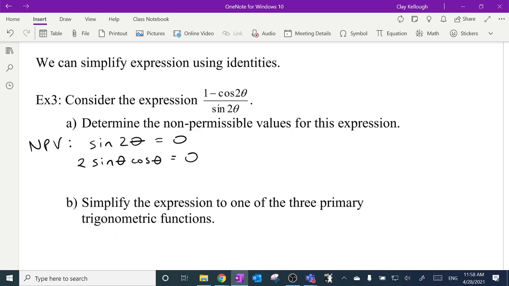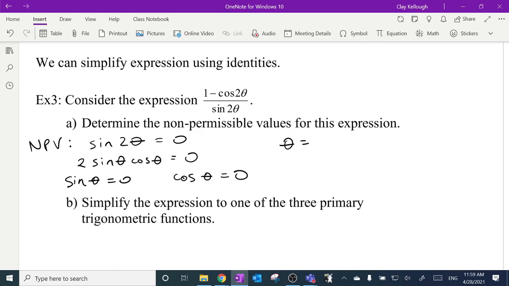So if you have two things that multiply, 2 of course can only ever be a 2, but if you have something times something equals 0, you'd get a 0 if either of those things was a 0, right? So this would be non-permissible if sine was 0 or if cosine was 0. And that would mean that your non-permissible values happen when theta is, okay, when is sine 0?